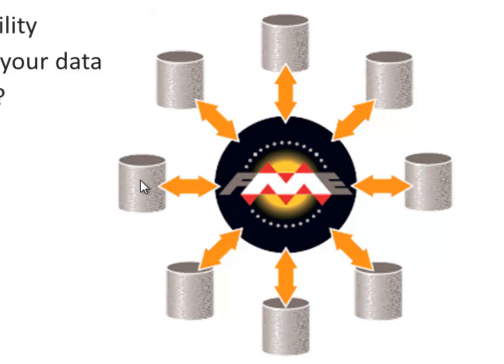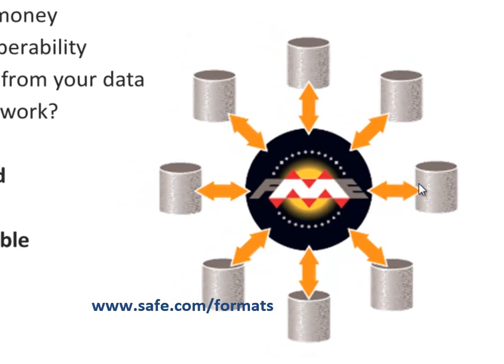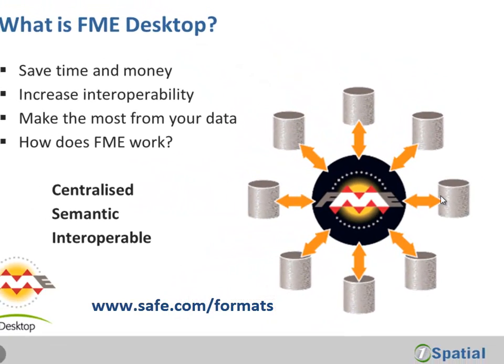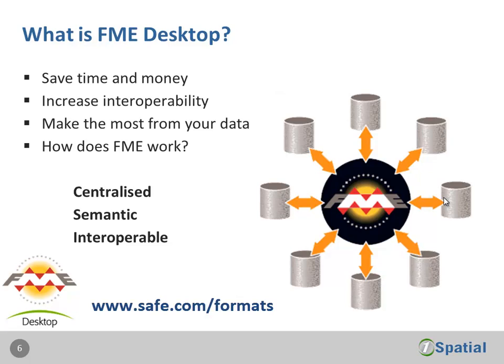But FME knows that this format over here, NTF, you can't write into. However, you can read out of it. If you'd like to know more about the formats that are supported by FME, just go to safe.com/formats and I'll give you some more URLs and some detail at the end of this session. Essentially, FME is a centralized, semantic and interoperable tool.